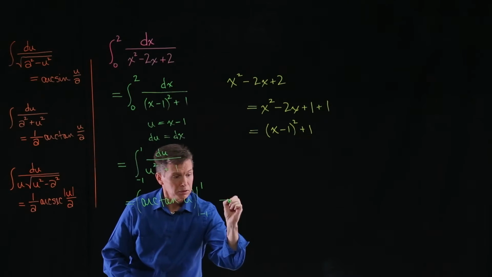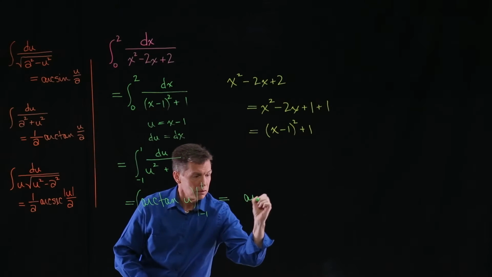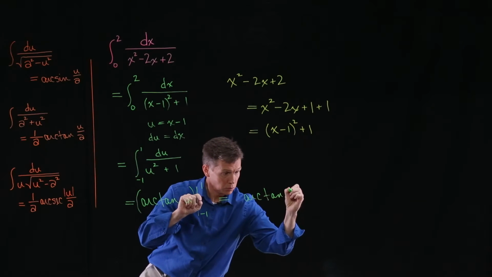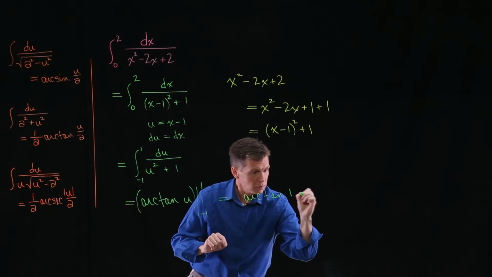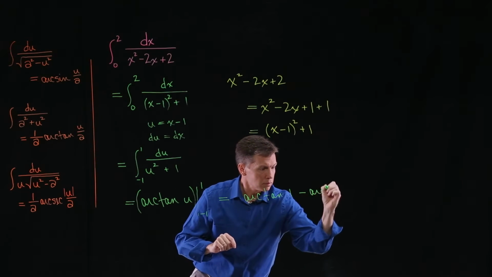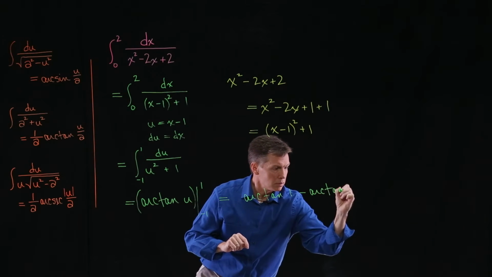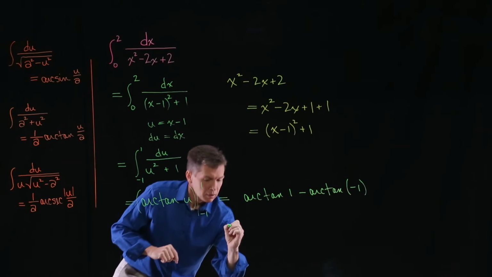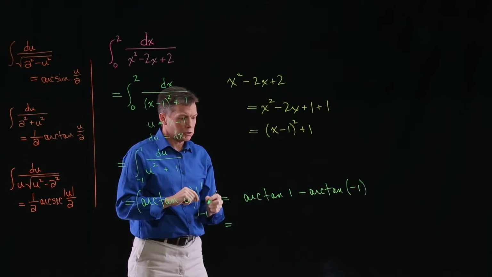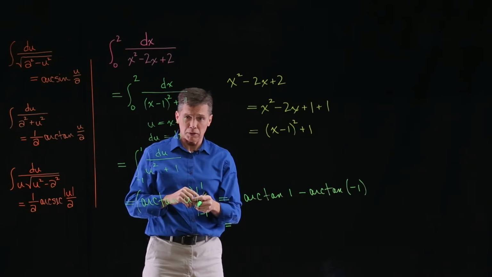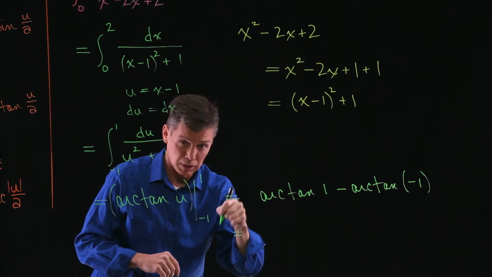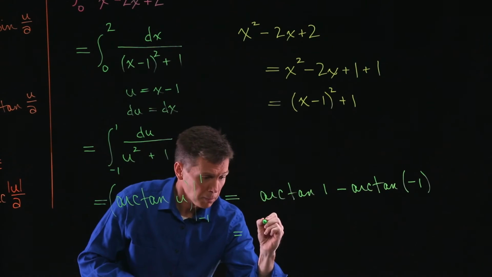Maybe I'll slide over to do that. Arctan of 1, subtract arctan of minus 1. And now it's just evaluating those inverse trig functions. Arctan of 1, where is the tangent equal to 1?